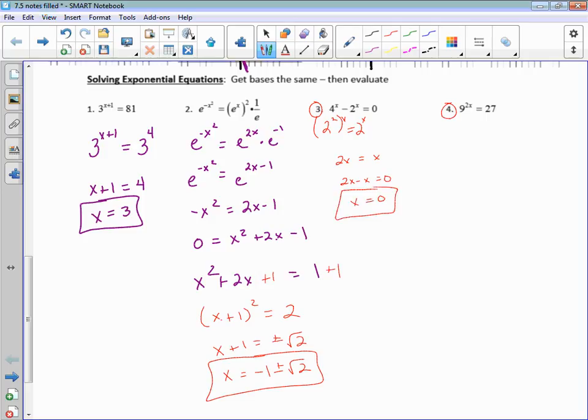Alright guys, are you getting x equals 0 for number 3? Okay. And what base did you guys pick for number 4? Okay, good. Alright, are you okay with 3/4 for x in the last one?